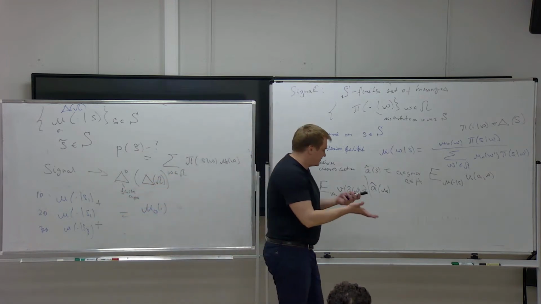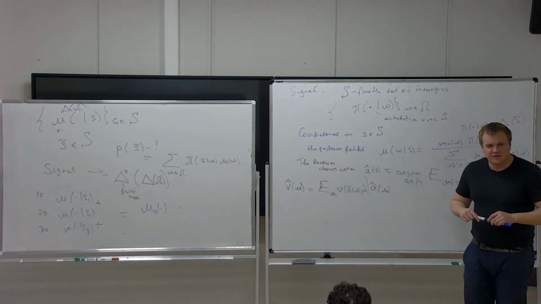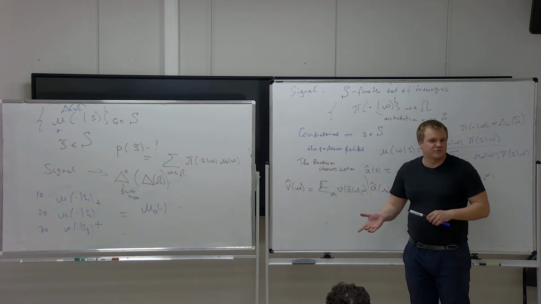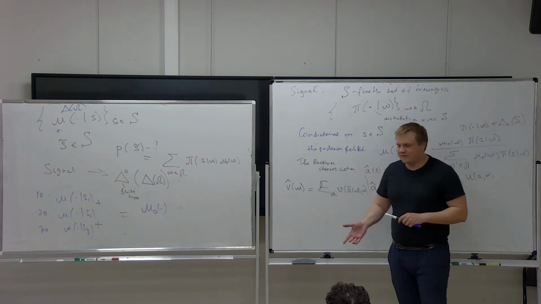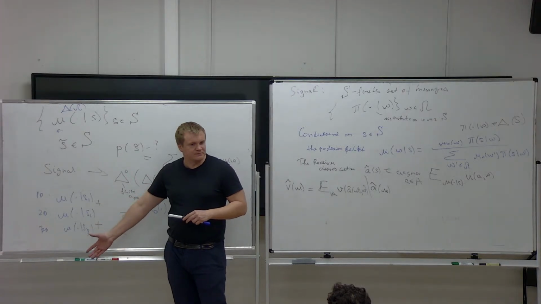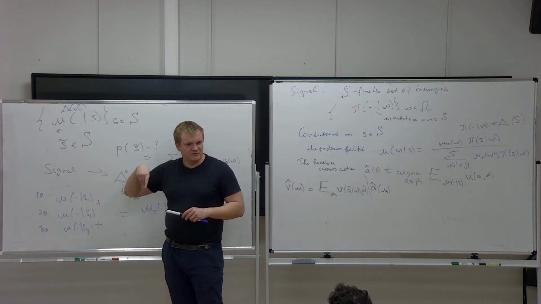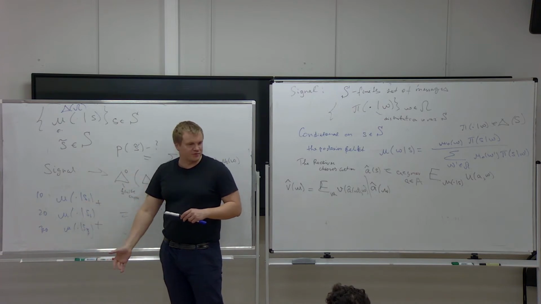But now it's a simple fact to verify that this is the only condition we need to satisfy. If I give you some posteriors like that, I could design a test which will give me this distribution.